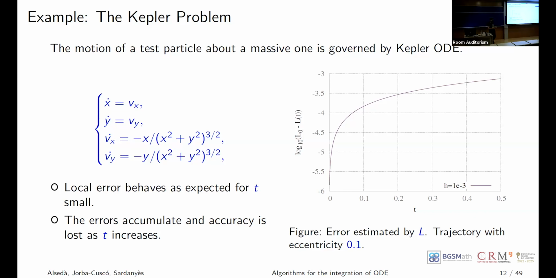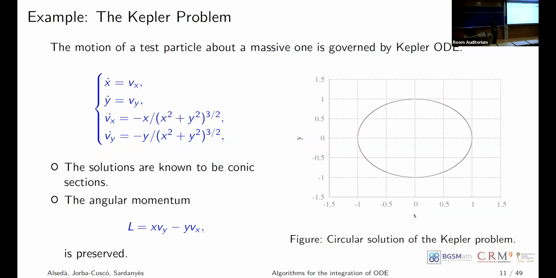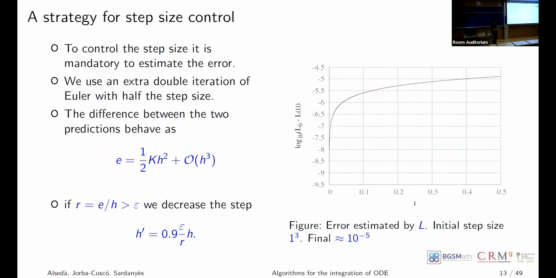So this kind of phenomenon can be controlled if I'm able to estimate the error I'm making, the real error, not the one that the formula is telling me, not the orders, but the number itself. This can be done in a number of ways.